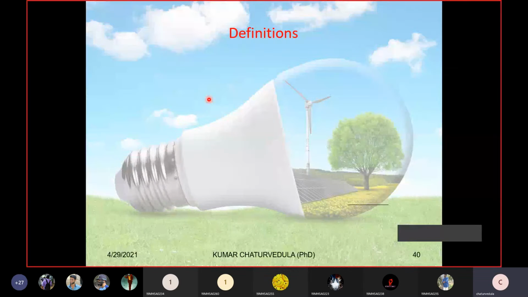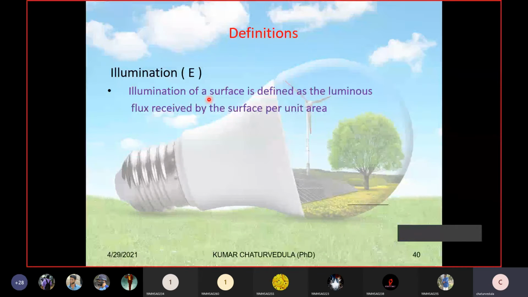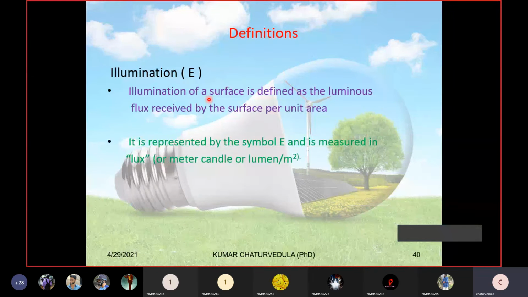Coming to the definition of illumination, as I told you yesterday: the luminous flux received by a surface per unit area is called illumination, and illumination is represented in lux or lumen per meter square. As I told you in the regular class, the example of Lux soap: the caption of Lux will be at the bottom, radiating your skin.